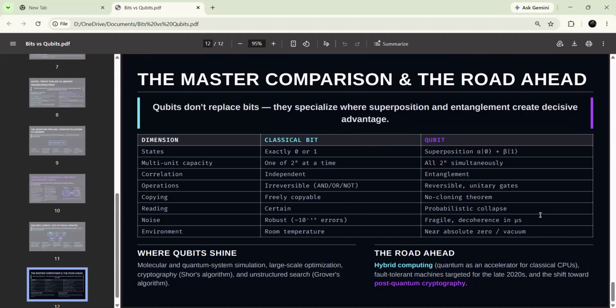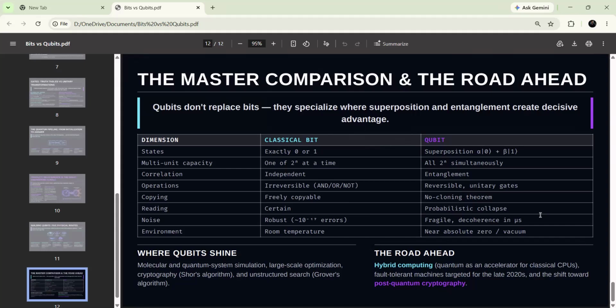That is superposition. And with 2^n states, a classical bit uses only one state, but qubits use all 2^n states simultaneously.